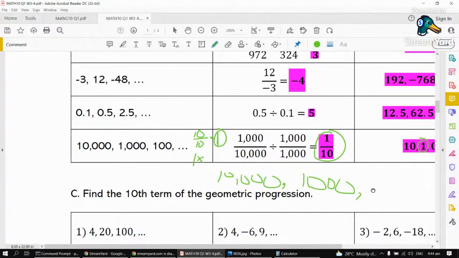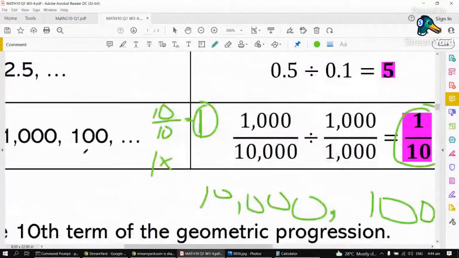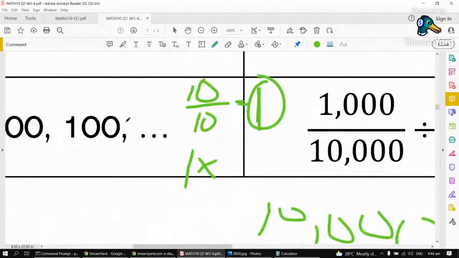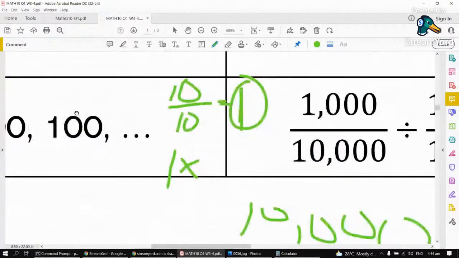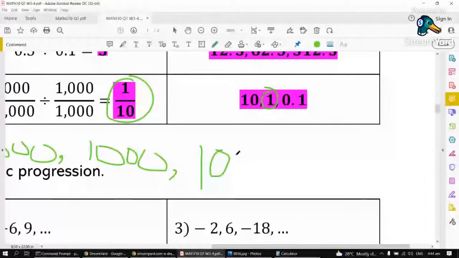Okay. Ang next is 10, because itong 100, nung dinivide natin ng 10 is naging 10. May 100 pa pala muna dito and then 10. And then 10 divided by 10 is 1.